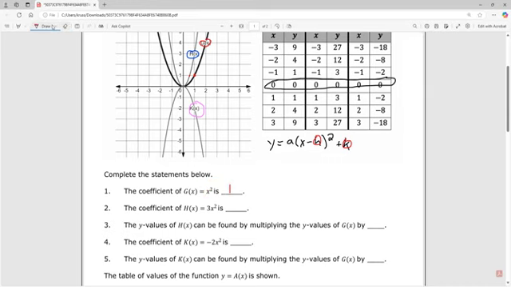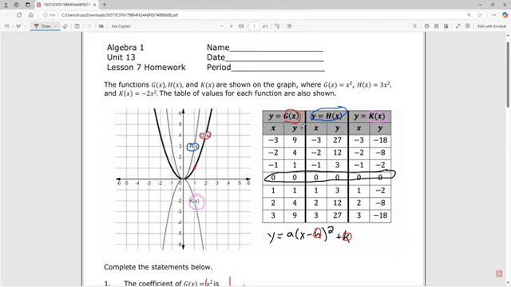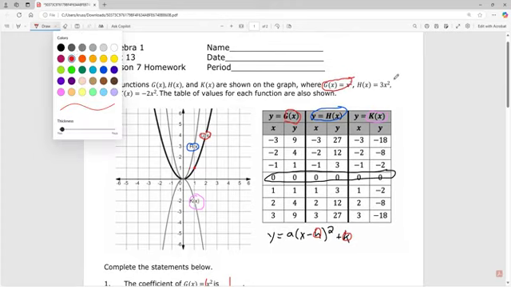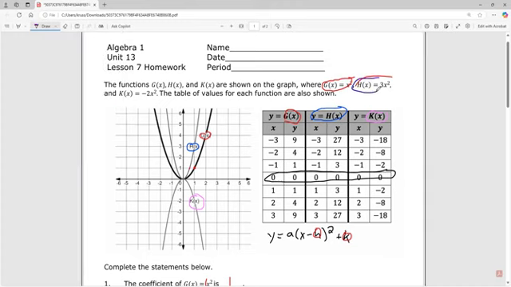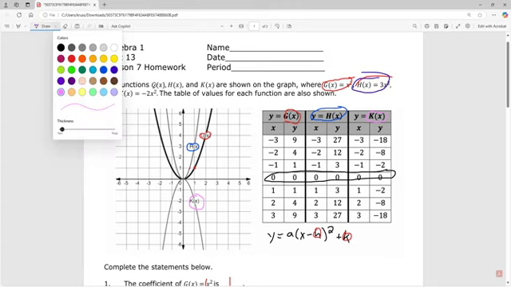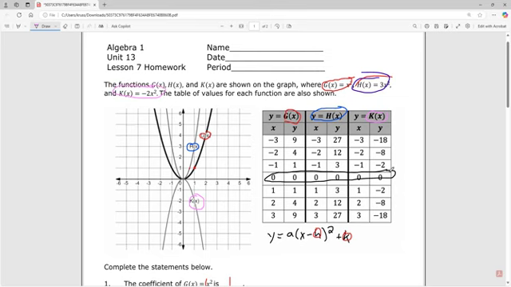So there's an invisible 1 right here, an invisible 1 right here. Okay, and then the other one, h sub x equals 3x squared. That's this one. They're saying g sub x equals x squared, h sub x equals 3x squared. It's supposed to be blue, 3x squared, and then k sub x is -2x squared. So they give us the equations up here at the top.